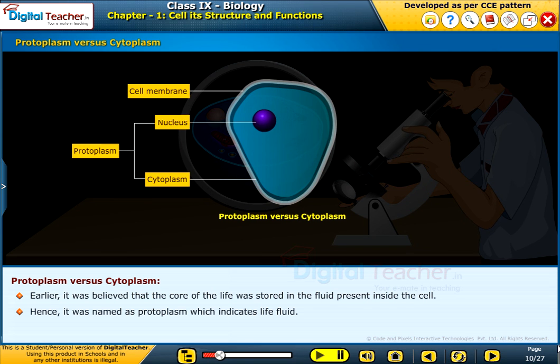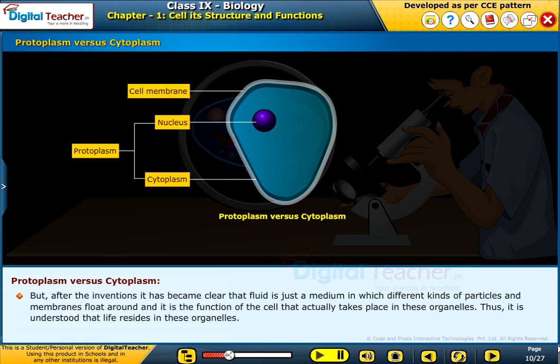Hence, it was named protoplasm, which indicates life fluid. But after the inventions, it has become clear that fluid is just a medium in which different kinds of particles and membranes float around, and it is the function of the cell that actually takes place in these organelles. Thus, it is understood that life resides in these organelles.